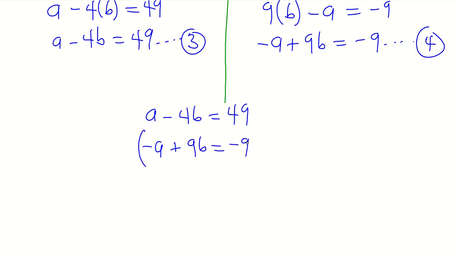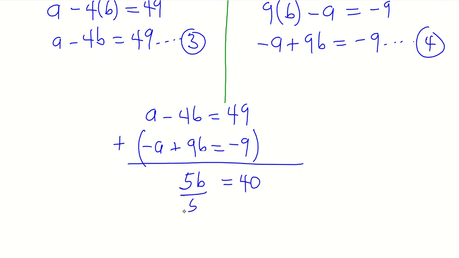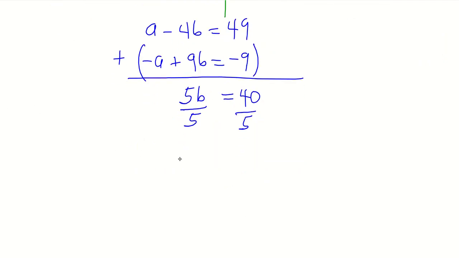Now we can add these two equations, and a plus minus a is going to give us 0, and minus 4 plus 9, we are going to get 5, so you have 5b is equal to 49 minus 9, we get 40, which means when we divide both sides by 5, our b value is going to be 8.